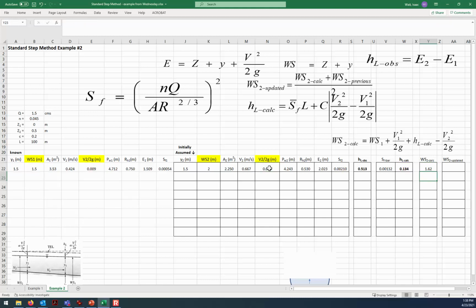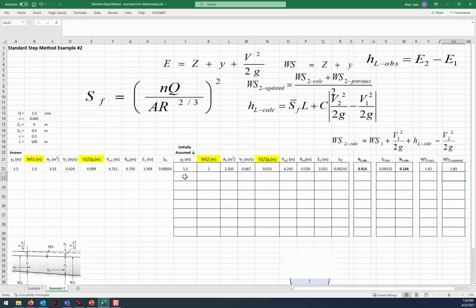So we have a calculated water surface, and now for the updated one, we use the old one and the new one and split the difference. So it is calculated water surface plus our previous guess of the water surface divided by 2. So 1.81 is the midpoint between our earlier guess of 2 and our updated guess of the calculated water surface, which is 1.62.